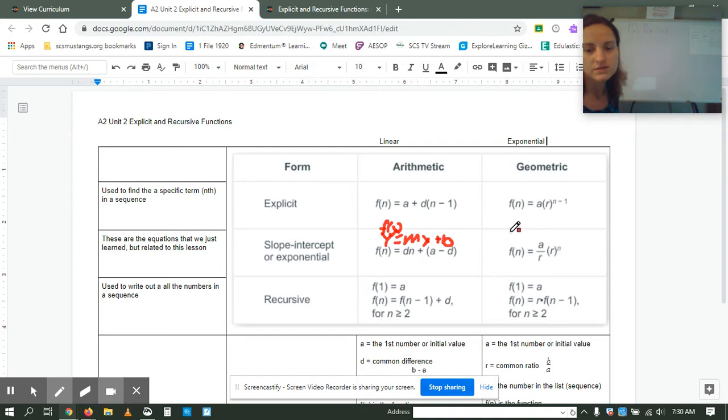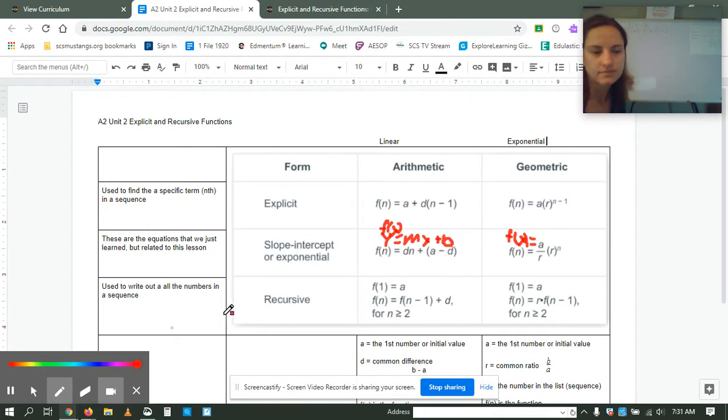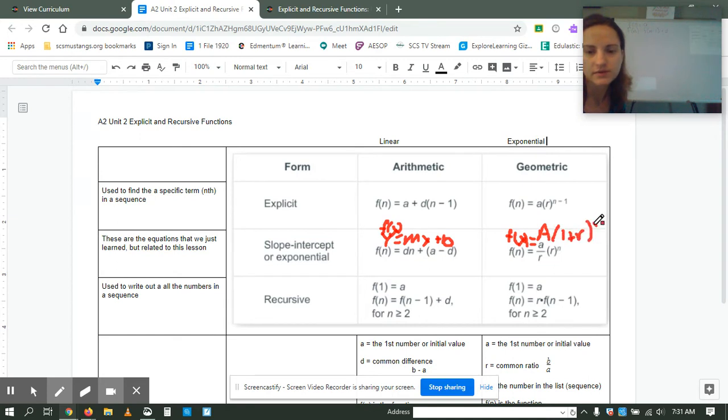Or, for exponential, f of x is going to be equal to a times 1 plus r to the x power. So those are going to be very similar.